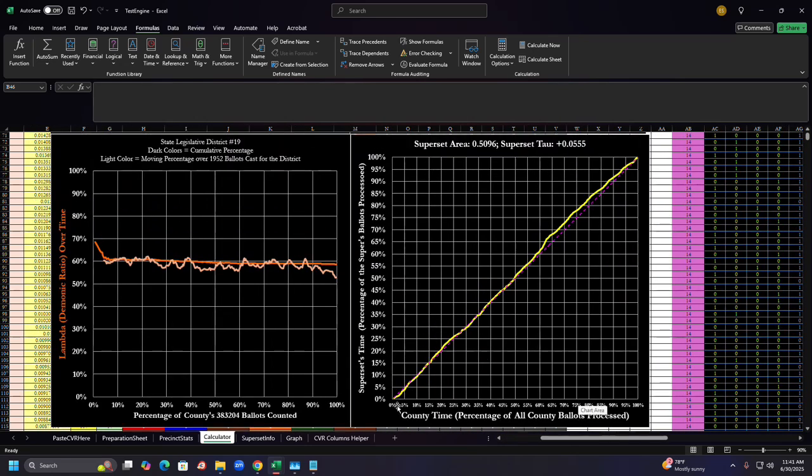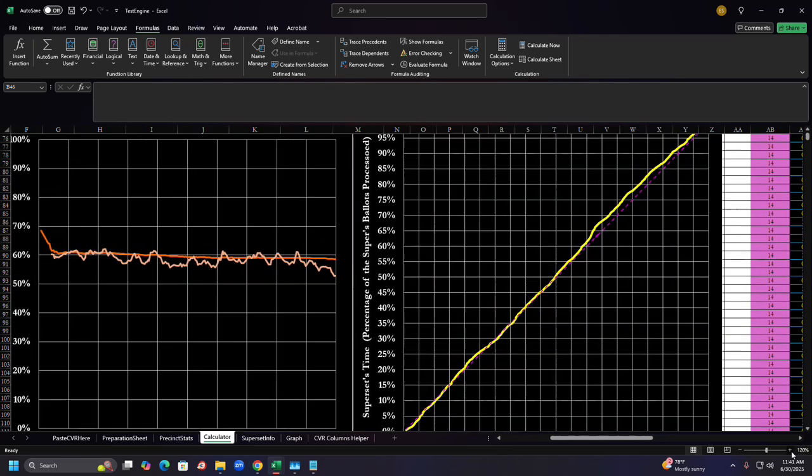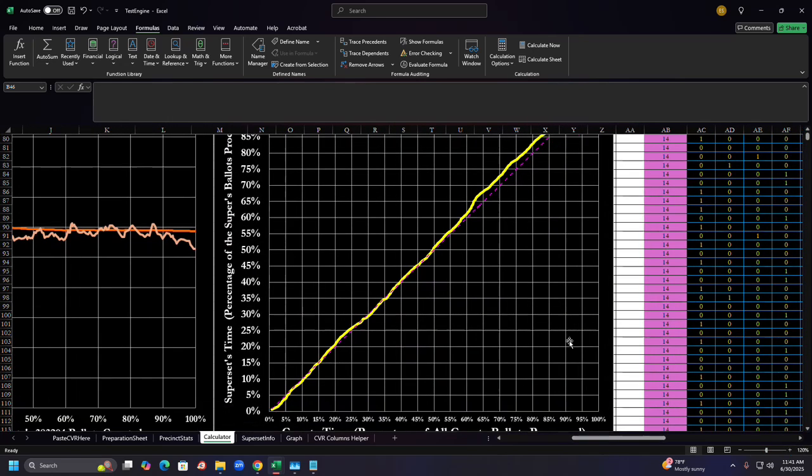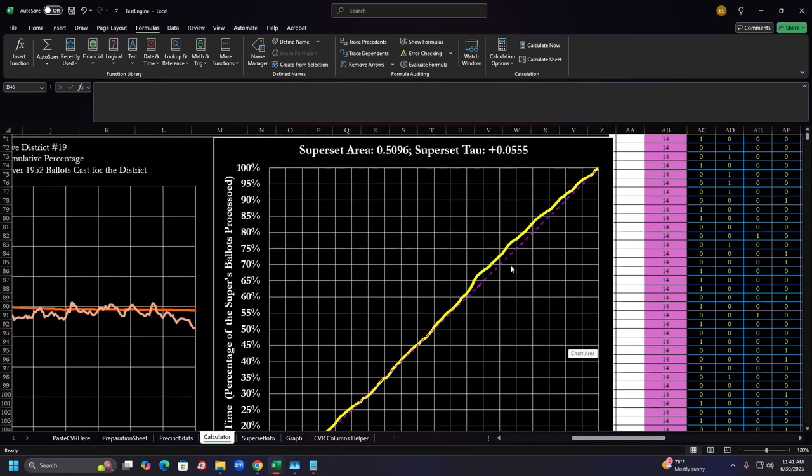So this graphs the percentage of ballots that were processed for the county overall on each ballot number against the percentage of the legislative district's ballots that have been processed. So we expect this to be pretty much at a 45-degree angle. The ideal line is in purple. And all that means is that by the time 50% of all the ballots have been counted in the county, roughly 50% of the ballots have been counted for that legislative district.